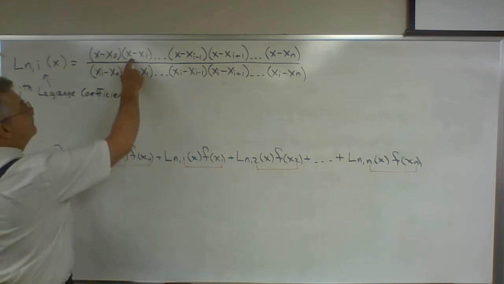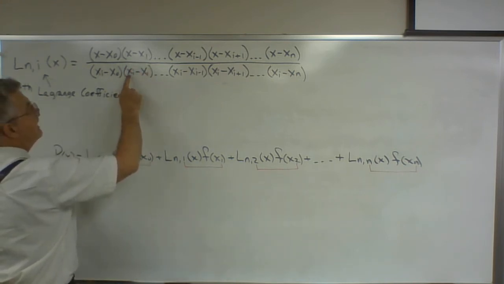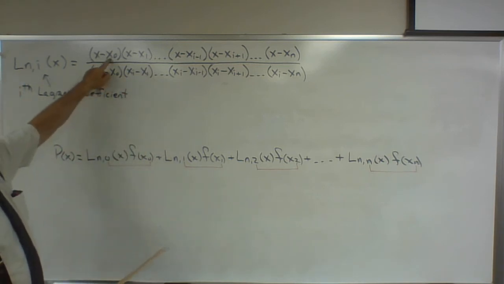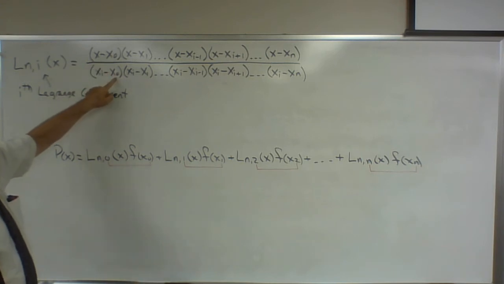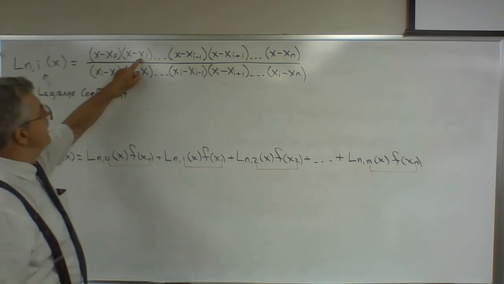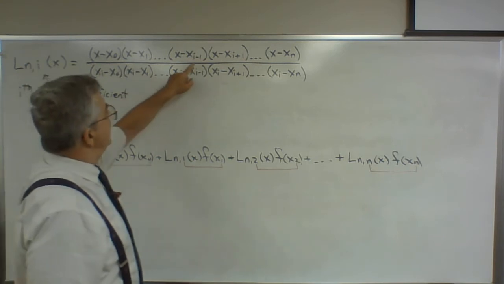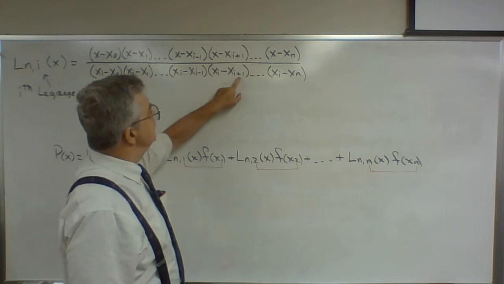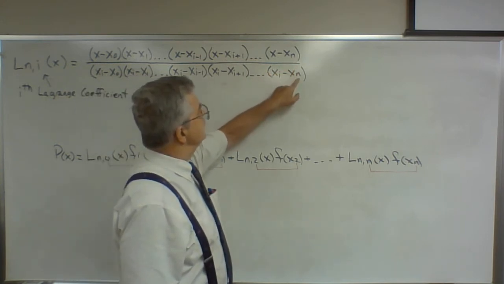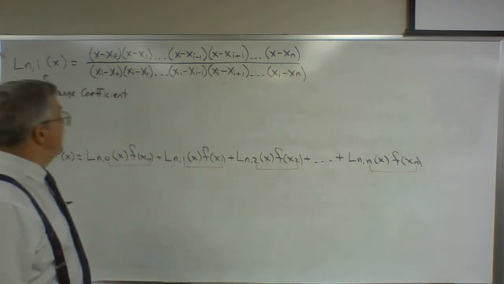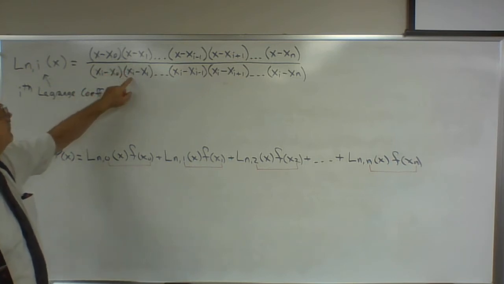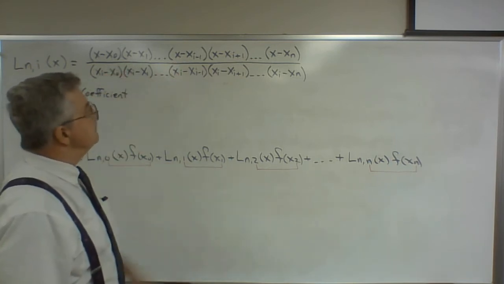Up top we have x minus x1. On the bottom we have x sub i minus x1. So whatever x coordinate is here, we have down here x0, x0, x1, x1, x sub i minus 1, x sub i minus 1, x sub i plus 1, x sub i plus 1, xn, xn. And where we have an x up here, we have an x sub i down here.